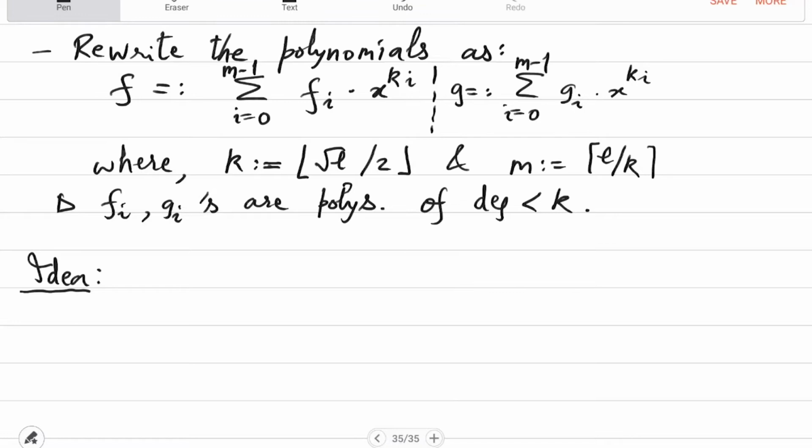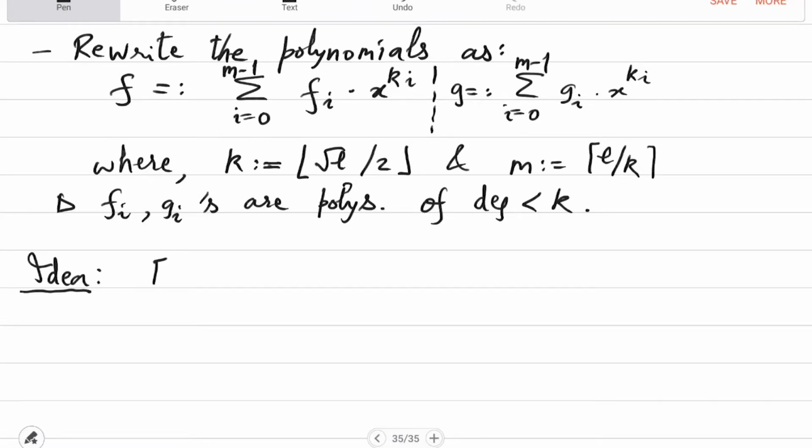You think of f as bivariate, and the individual degree of y is around square root L, and of x it is still L. But the point is that all those monomials are just powers of x to the k, so the k is appearing everywhere. So if you suppress x to the k, then the degree in x is also at most square root L. So you have this balancing act.